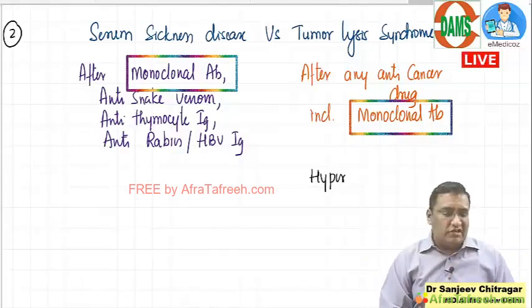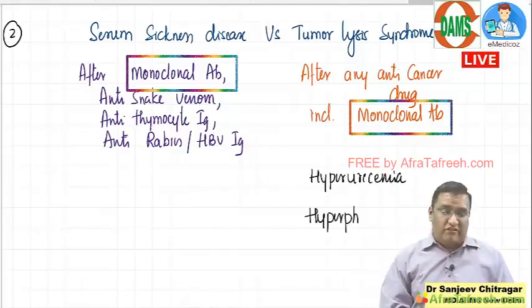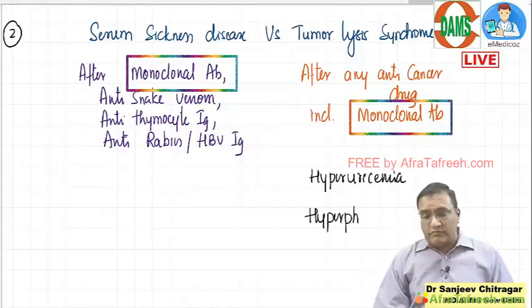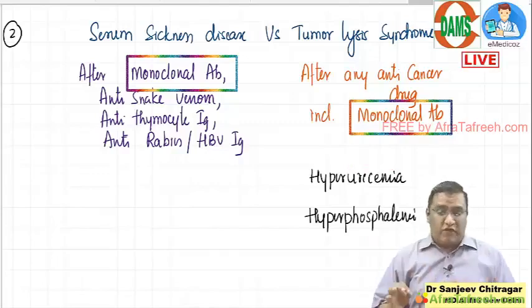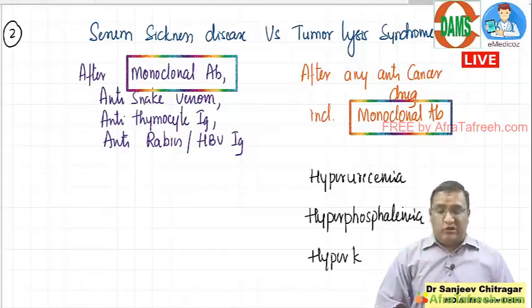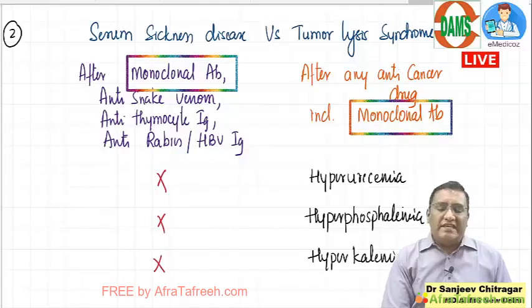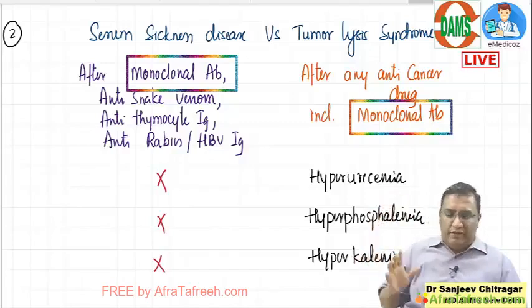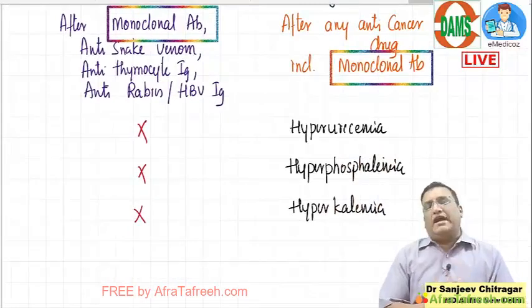Very important keywords. Look for hyperuricemia, more in favor of tumor lysis syndrome. Hyperphosphatemia, only in tumor lysis syndrome. Hyperkalemia, only in tumor lysis syndrome. So these three features will help me differentiate: hyperuricemia, hyperphosphatemia, hyperkalemia.